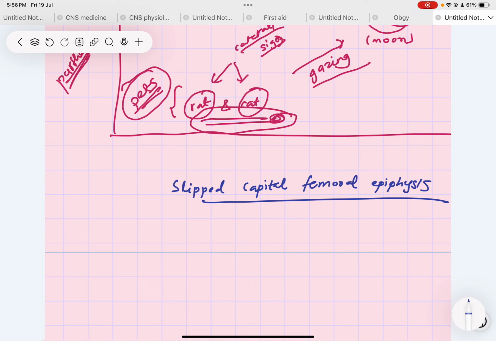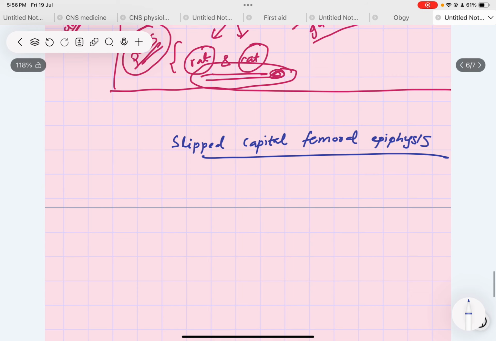It is at the onset of puberty that due to a rapid surge of growth hormone, what will happen? Physis disrupts laterally, giving rise to an apparent posteromedial epiphyseal slip, but in true sense there is no epiphyseal slip. So what is happening is, we are first discussing the pathogenesis.